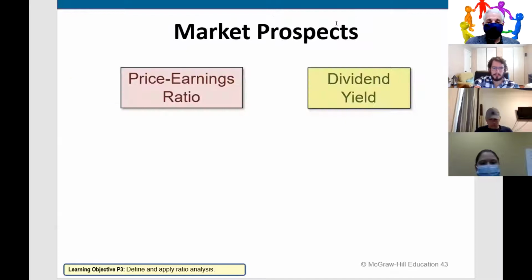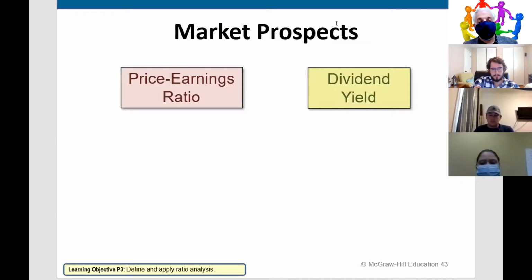And the market prospects, I'm not going to worry about it for this class. That was that fourth category of ratios. P to E ratio, price per share and earnings per share. That's just a multiple. And investors use those kind of numbers all the time, where a utility has a lower P to E ratio than a high-tech company. That's a potentially higher return. And then dividend yield, I'm not worried about, because a lot of companies don't pay any dividends.